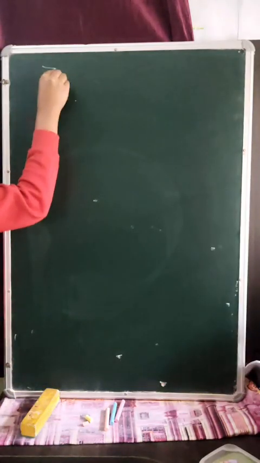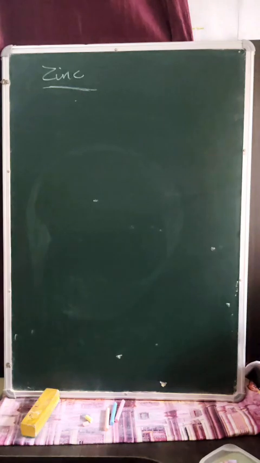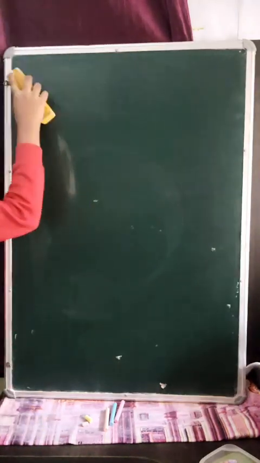Now we'll be studying the laboratory preparation of hydrogen using zinc. We have seen that zinc is the most preferable metal for the preparation of hydrogen. And not only zinc, but its granulated form is more preferable because it contains copper. So let us see.